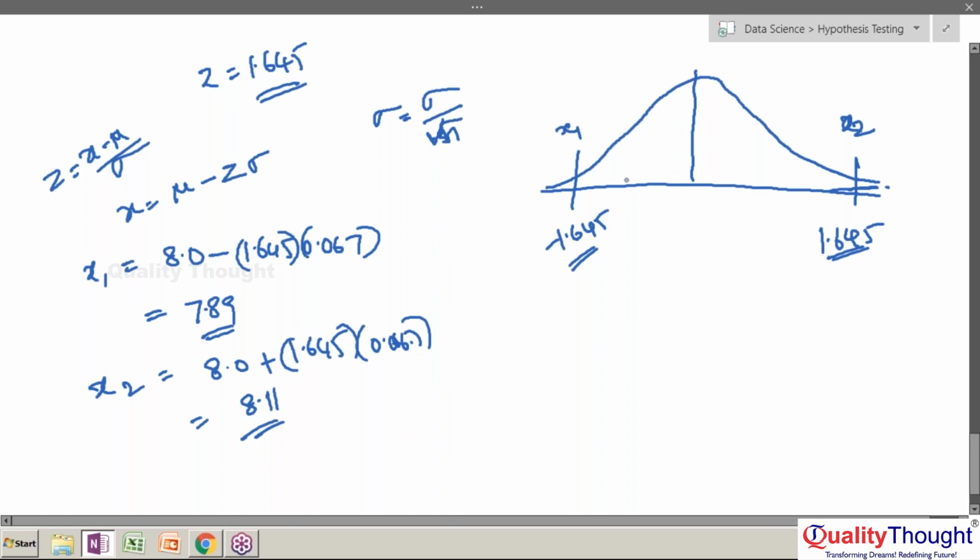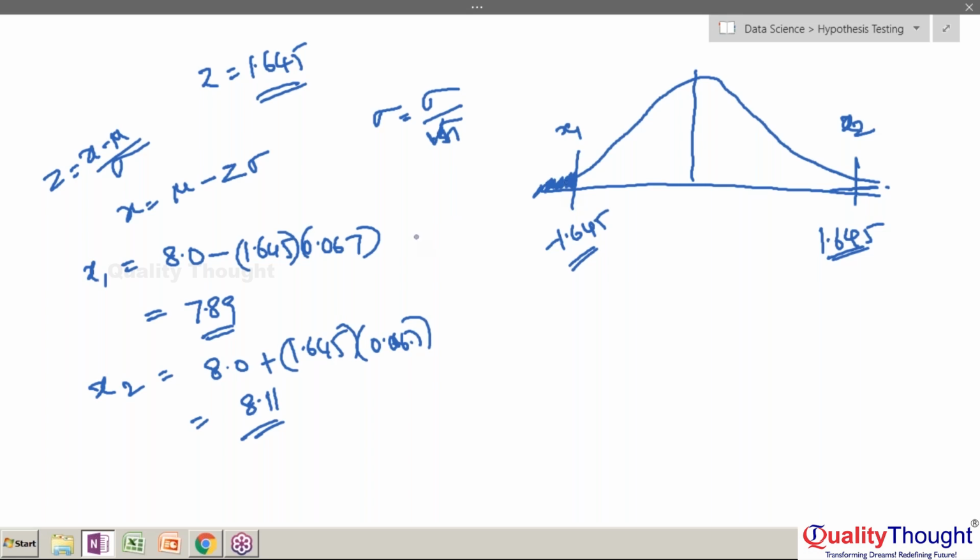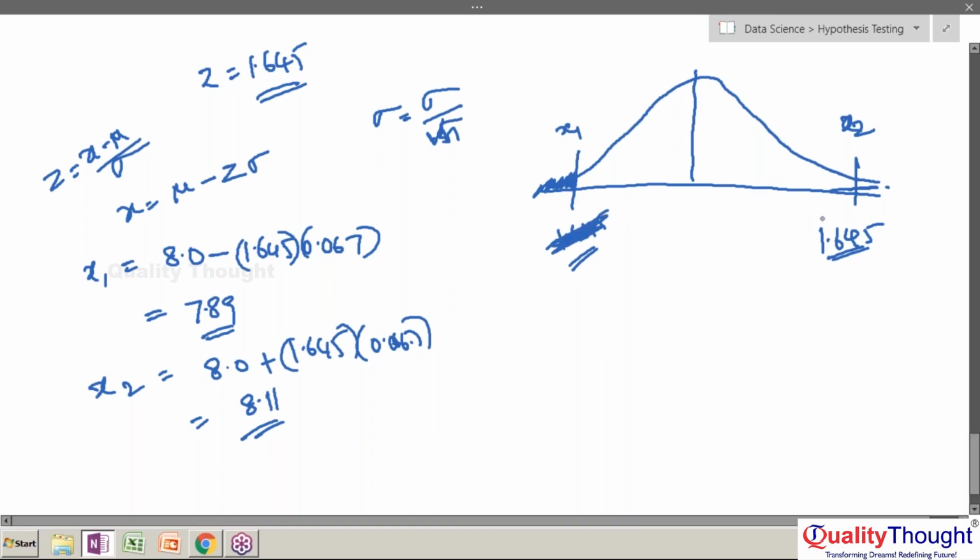So can you please tell me, will 7.89 come under the rejection region? See, basically, we have got two values, x1 and x2. This is 7.89. The actual mean is 8.0, which is mu.